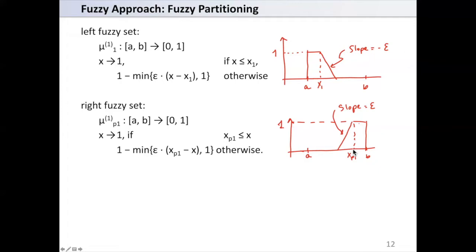Otherwise, that is, if x is in this region, the value is 1 minus the minimum of epsilon multiplied by xp1 minus x, and 1. So we have a line with slope epsilon. Here, the slope is minus epsilon.